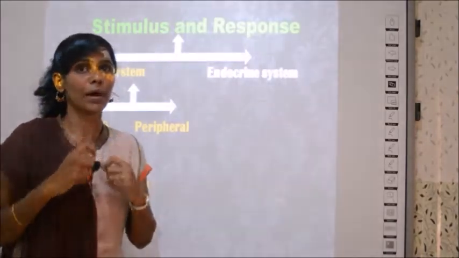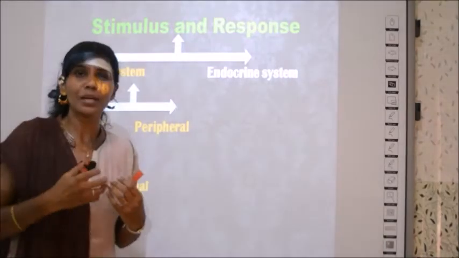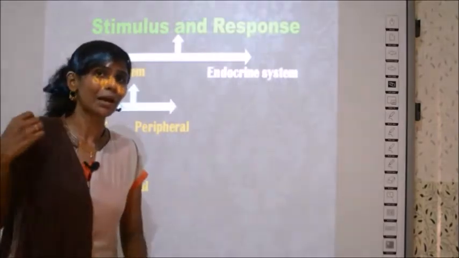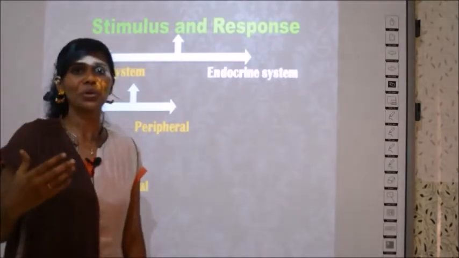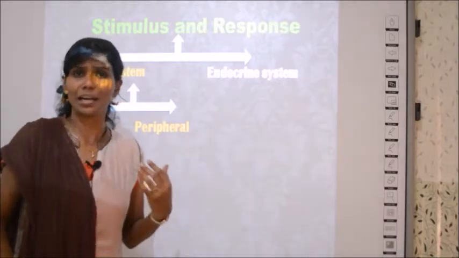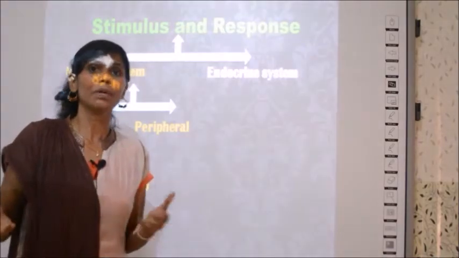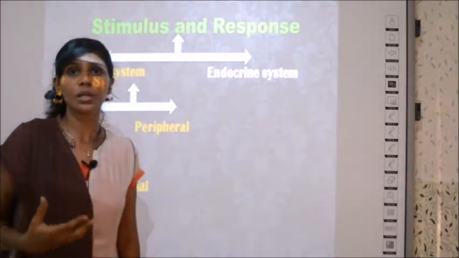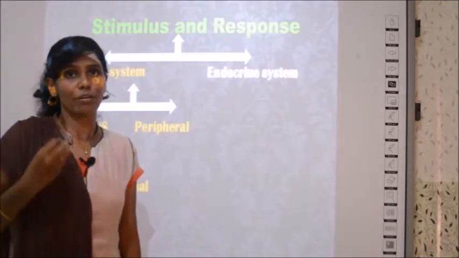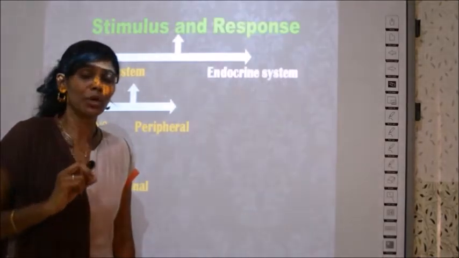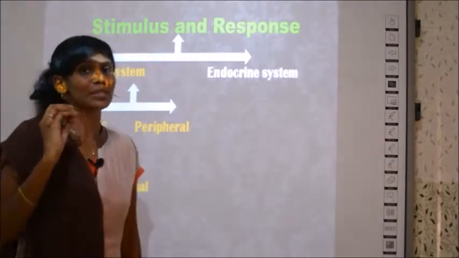Because it is the main part of the nervous system. Similarly, in some accidents, some people have an injury in the spinal cord, then even if his legs have no fracture, he will be bedridden because his nervous system cannot function. That's why both of them are called the central nervous system.